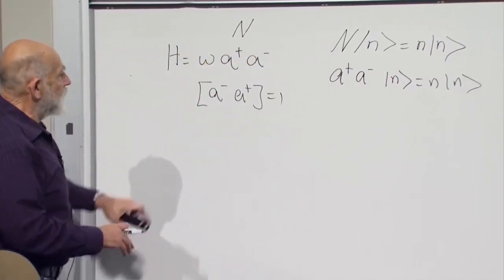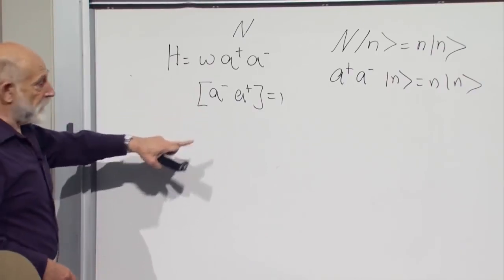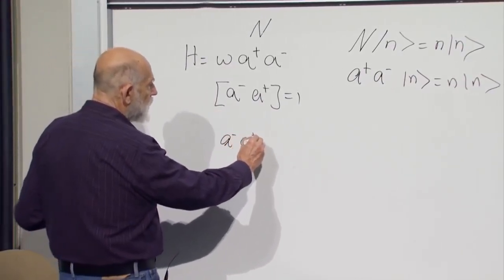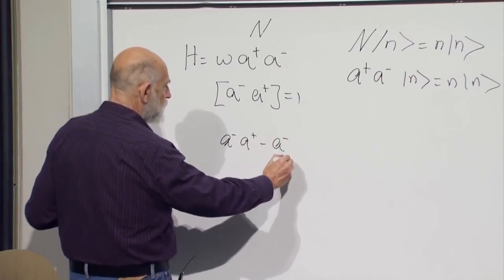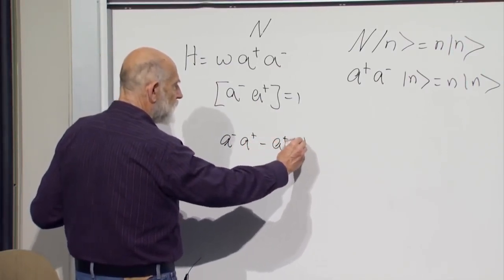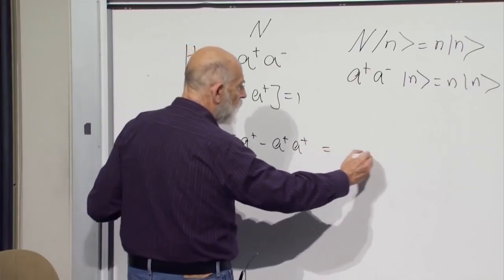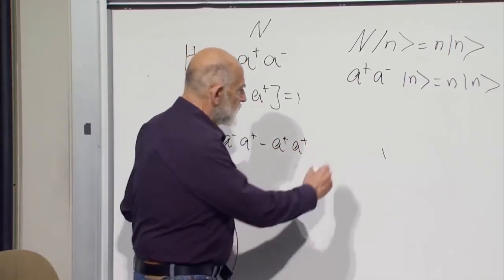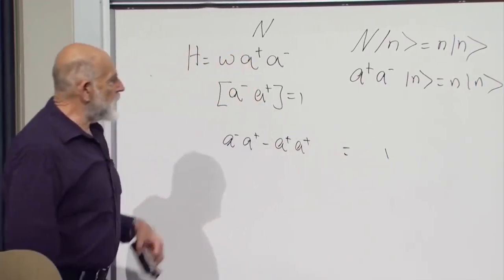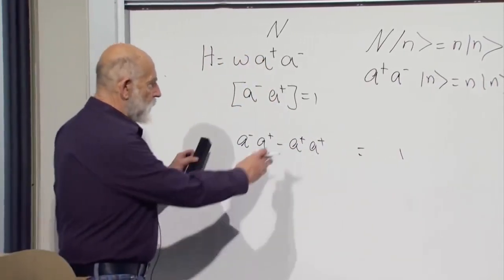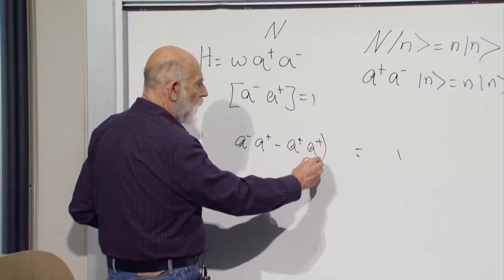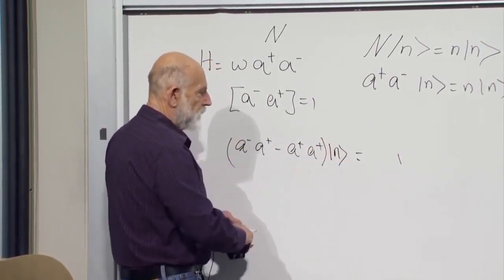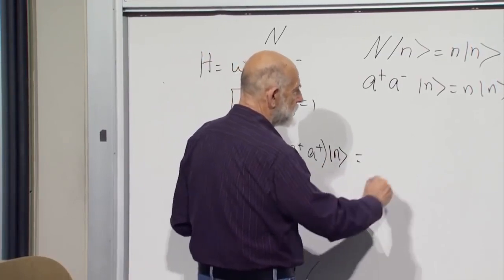Now let's take the commutation relation here. Let's write it out. A minus a plus minus a plus a minus equals 1. But let's take this operator, this equation, and operate on the state n and see what we get.